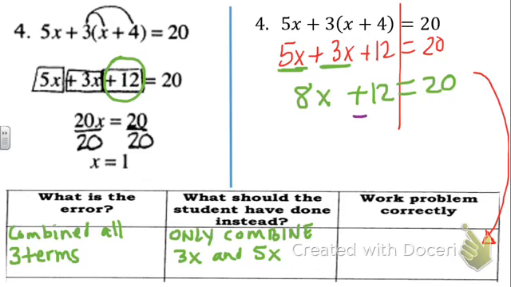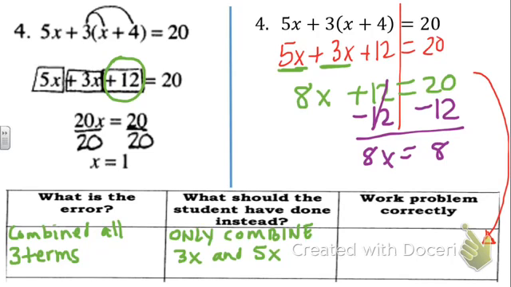So we'll be subtracting 12 first on both sides. This becomes 0. This is 8x equals 8. And then our next step is to divide by 8 because that is the opposite of multiplication. 8 divided by 8, x equals 1.